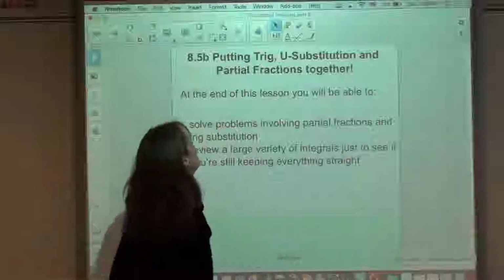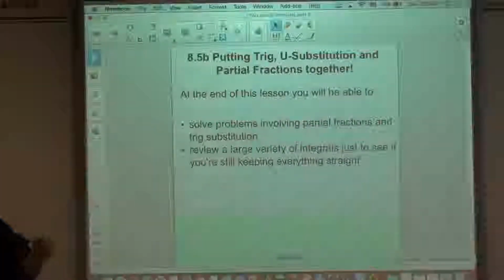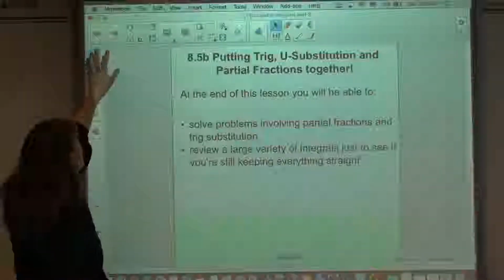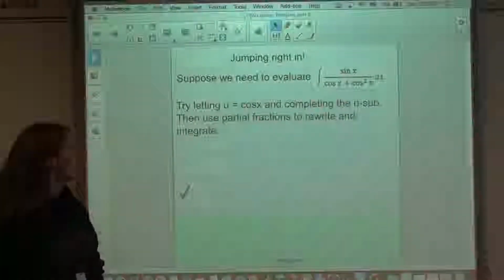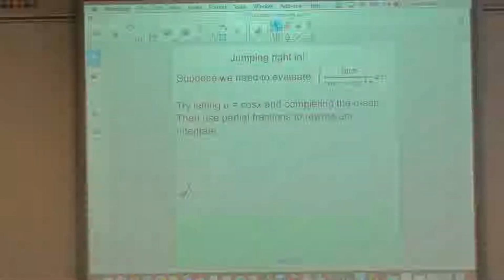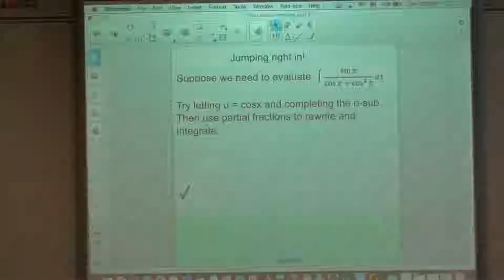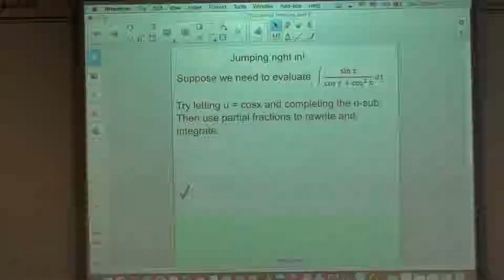So today we're going to put trig, u-sub, and partial fractions all together. It's really just more partial fractions with a little bit of review. Take a close look at this integral. Suppose you are taking a test and you see an integral of sine over cosine plus cosine squared.